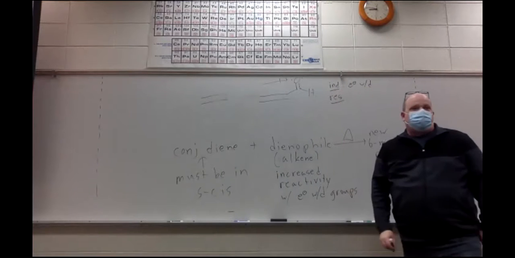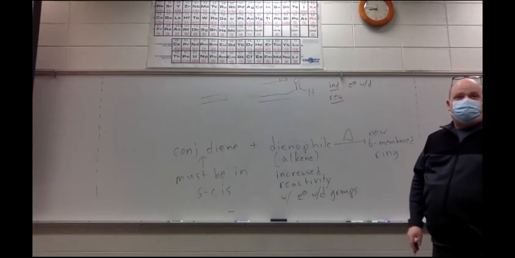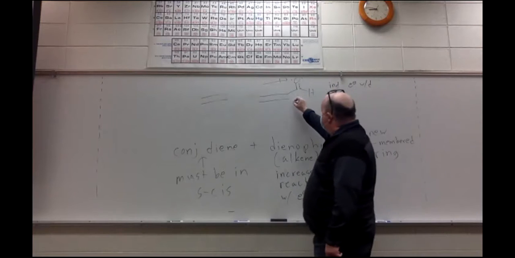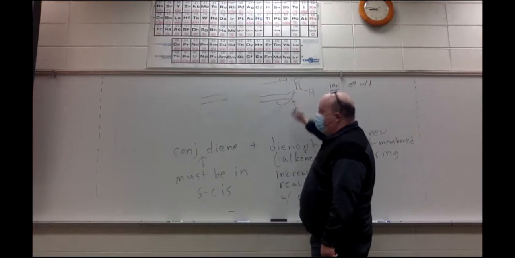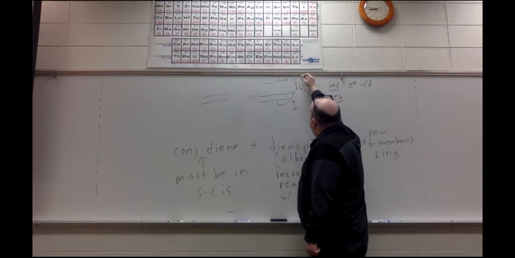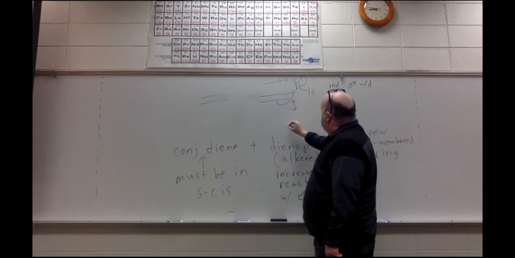You'll see it's also electron withdrawing due to resonance. You can draw a resonance structure for this, in which this pair of electrons moves over here, and a pair of electrons hops up to that oxygen.